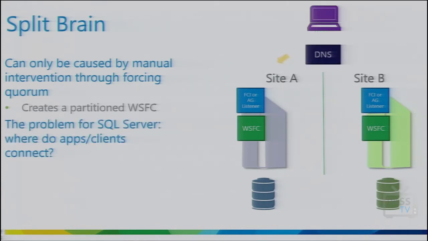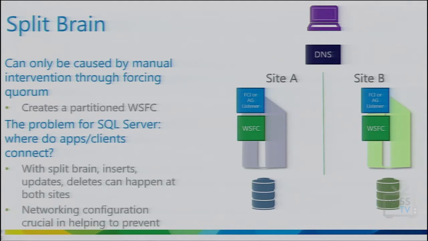So let's say your clients, your applications, whatever, obviously need to do some sort of name resolution. Depending on where the client or the server is coming in from and where your DNS is, read-write inserts, updates, and deletes could be routed to one of the two sides.